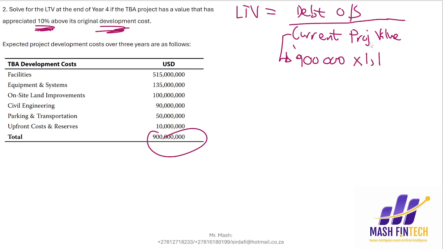What we need to get is the debt outstanding. Try figure this out, and then I'll show you how we do this. But we are simply going to go back to the values we were calculating and add them up to get the debt outstanding. Then we divide by this number here.